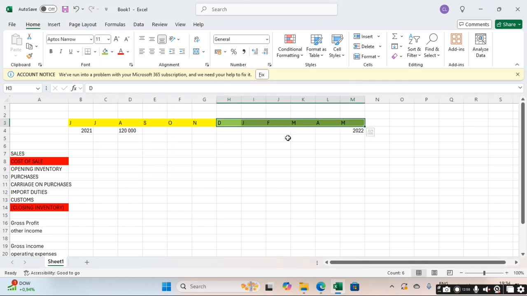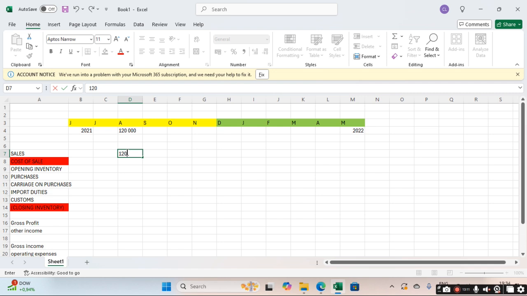So the simplest way to do this, to know how much rent we have to receive for the whole year, you can simply say 120 times 2, and you'll get 240. This is also 6 months, so they're going to pay us another 120,000.